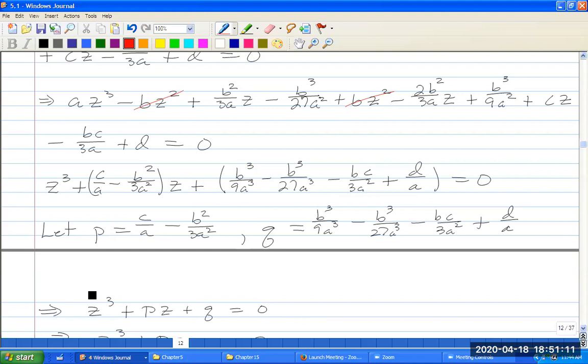I divided everything by a here, going from here to here. So now instead of looking at ax cubed plus bx squared plus cx plus d equaling 0, I can just look at z cubed plus pz plus q equals 0. A simpler equation. Now it's a monic equation, and it doesn't have the term that's one less than the degree of your polynomial.